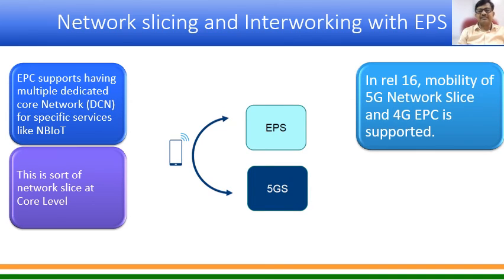So in Release 16 of 5G, mobility between 5G network slice and 4G EPC is supported. Corresponding to an IoT slice in 4G, or IoT DCN in 4G, there may be a slice in 5G. So if a user is moving from 5G to EPC or EPS or vice versa, that mobility would be possible in a corresponding slice.